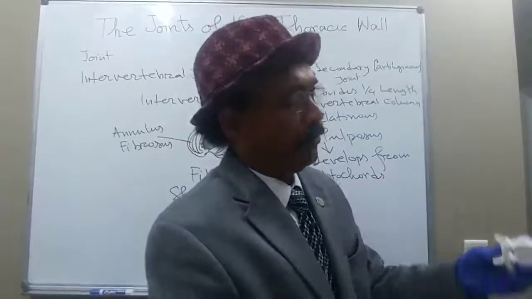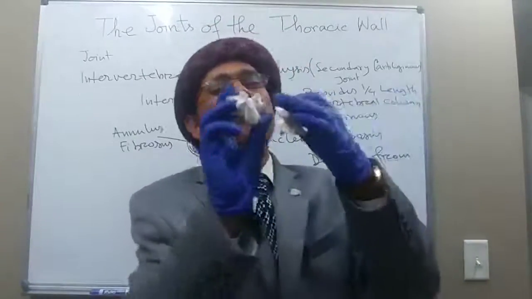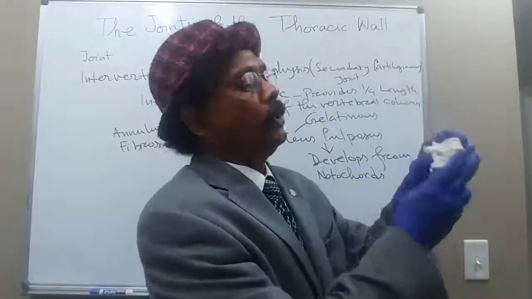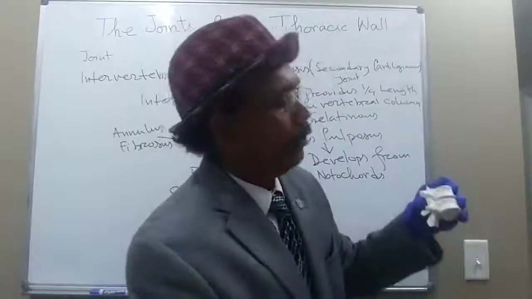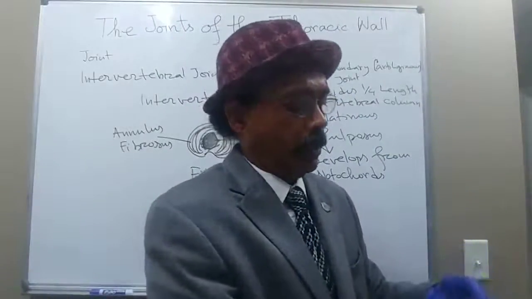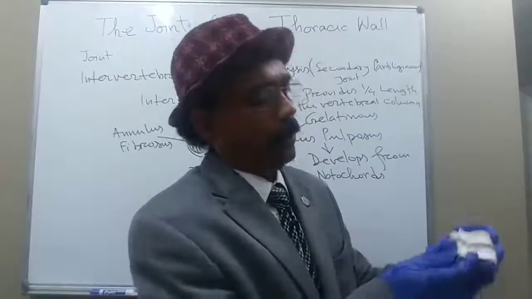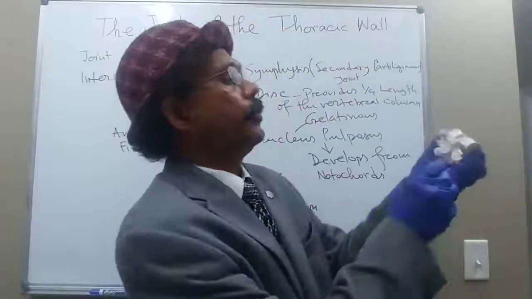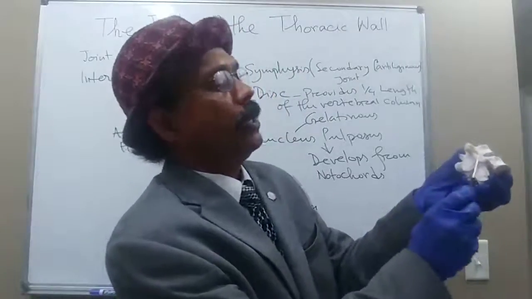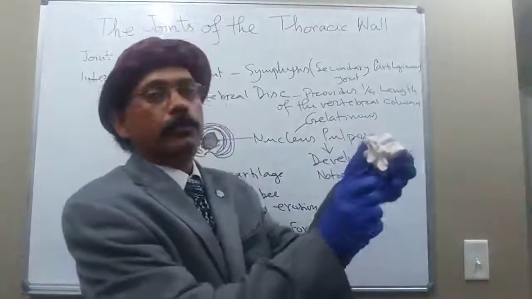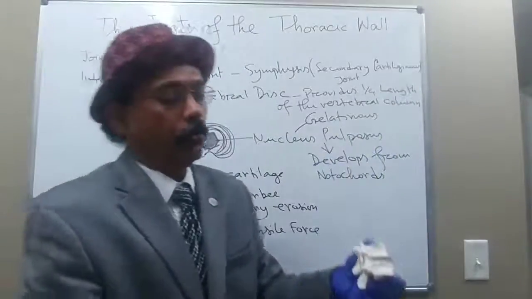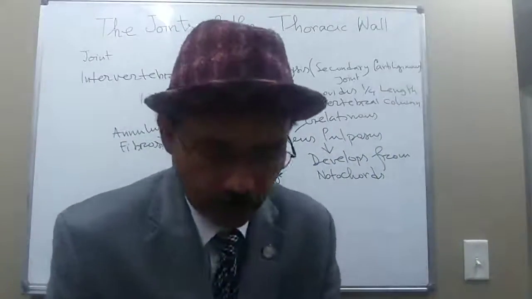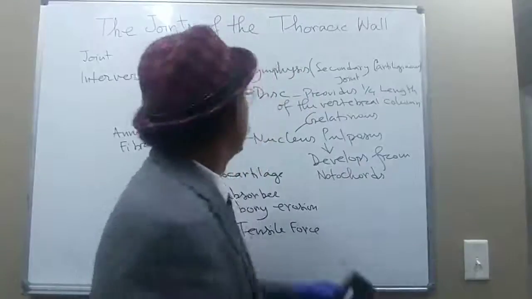One articular process is here, another one is here, and they make a joint. This is the zygapophyseal joint between the articular processes. This is a joint of the vertebral arches.